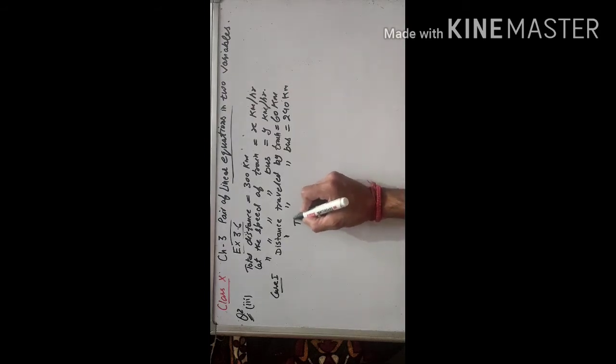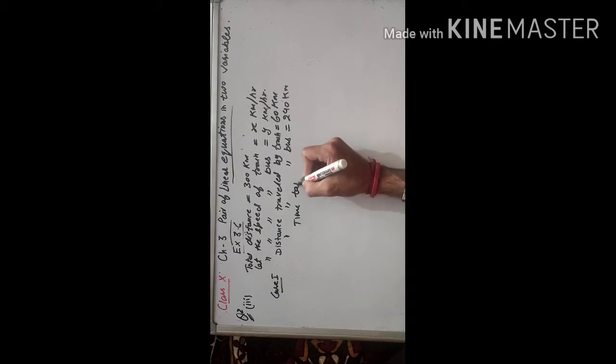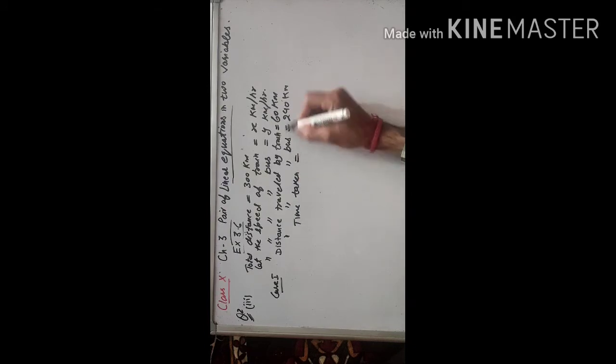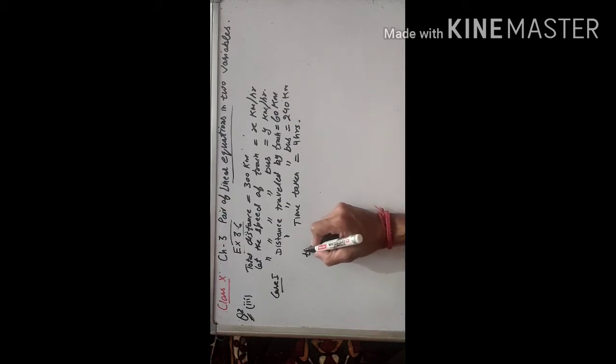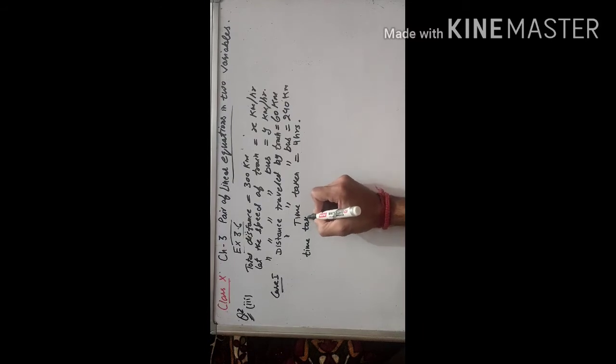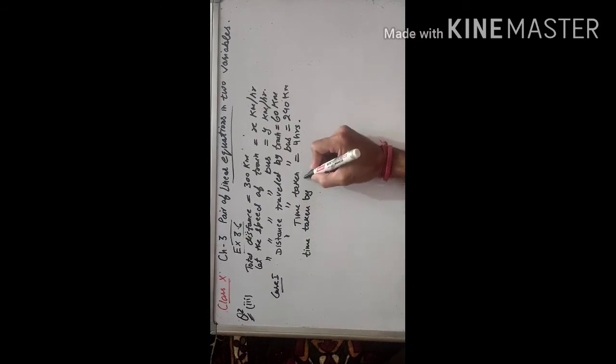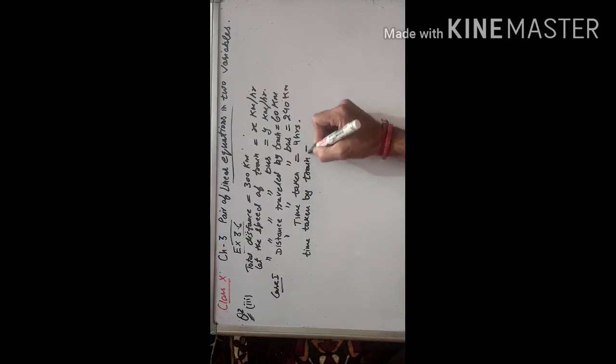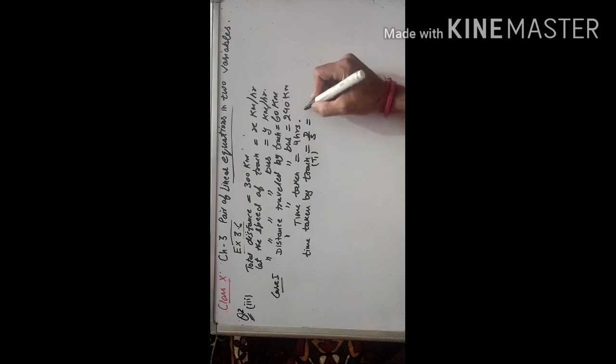Now time taken for both the journeys is 4 hours. So time taken by train, t1, is distance upon speed, that is 60 upon x.